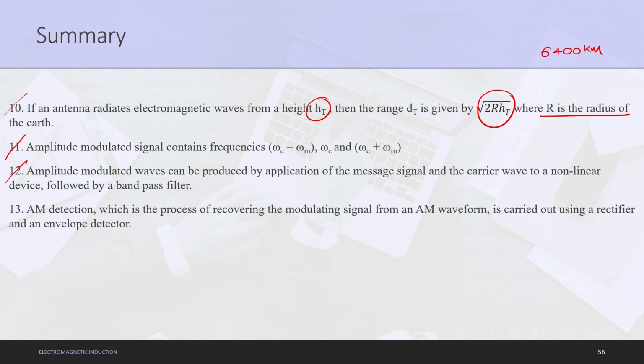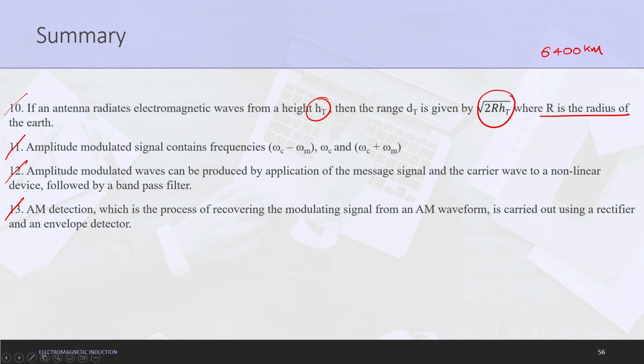The non-linear device was nothing but the square law device, which produced the output y(t) = b x(t) + c x²(t). The mathematical formulation was done in the last two lectures, and the band pass filter rejected the DC terms such as c into (A_m² + A_c²)/2 and passed the frequencies omega c minus omega m, omega c, and omega c plus omega m.